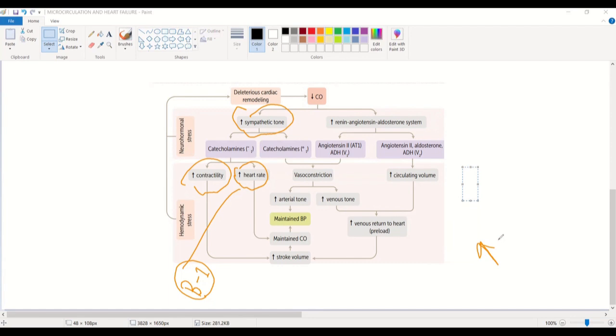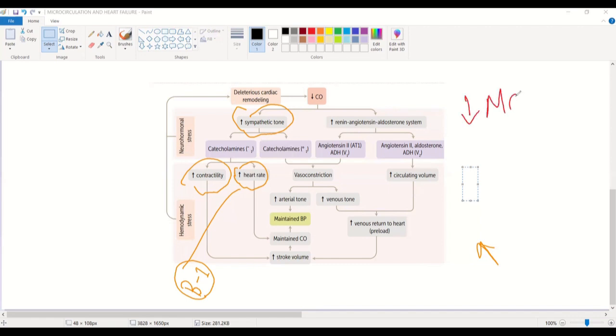Okay. Now there is a pharmacology integration with pathology. Can anybody tell me the drugs that decrease mortality in heart failure? ACE inhibitors, beta blockers, ARBs.